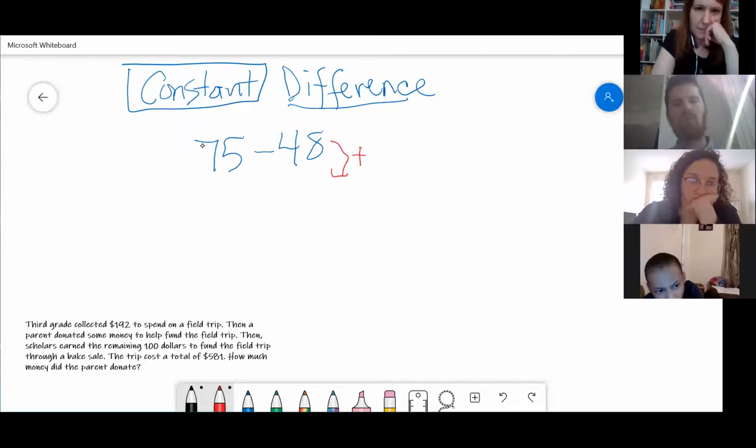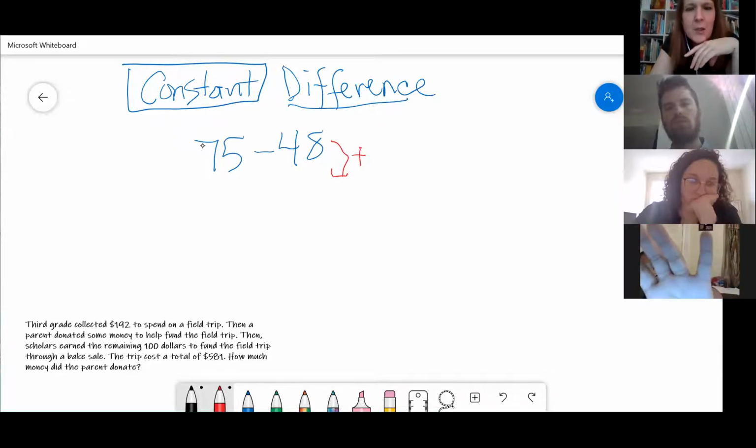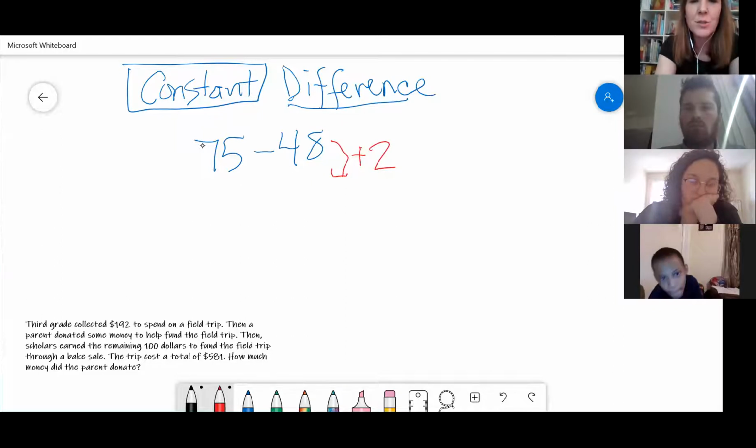I would take 5 away from 48. Okay, we're not moving today. We're not doing our moving. What could I add to 48 to make 48 a friendly number? 2. Yes, good. So because I added 2 to 48, that makes this side 50.